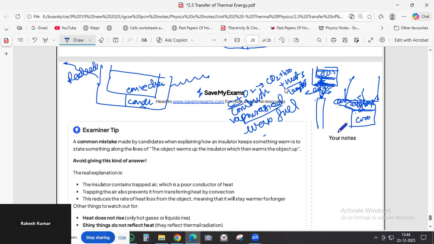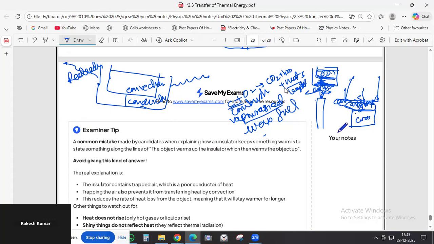Everything is happening everywhere, but the percentage is different depending on the situation and the material. Some materials are more meant for convection, like fluids. Some are more meant for conduction, like metals, which have both vibration and free electrons.